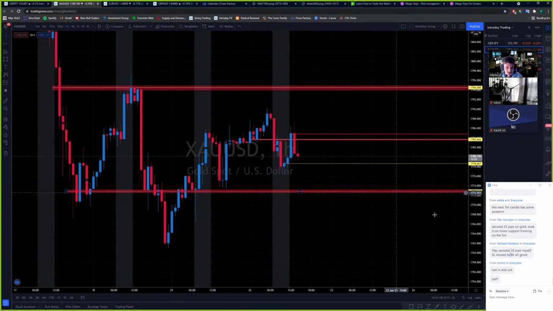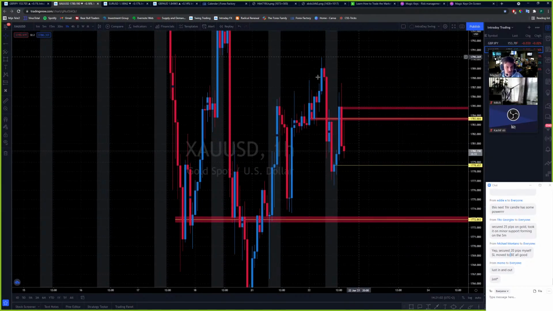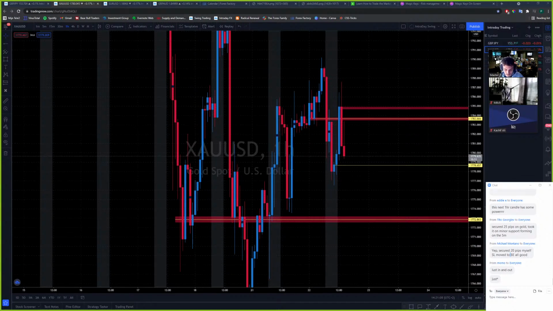And for me it's ranging, so it makes sense to buy support and then sell resistance. No, nope. Not for me today. Not for me right now. Nah, best to sit back.